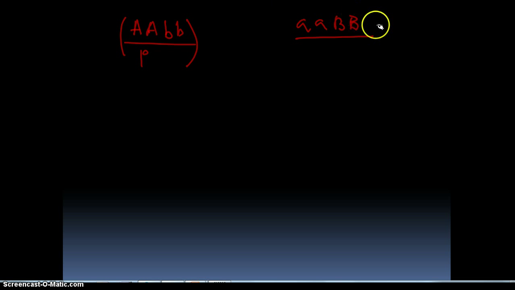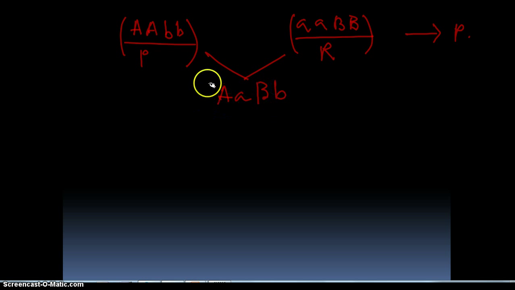On the other hand, this flower has the phenotype of red and the genotype of small a and capital B, and these are the parent generation. Now when they are crossed together, they will produce this kind of genotype, and the phenotype will again be purple.